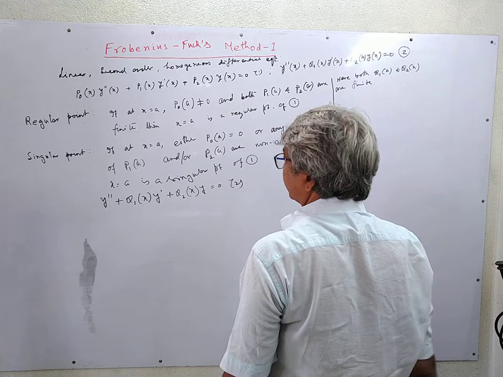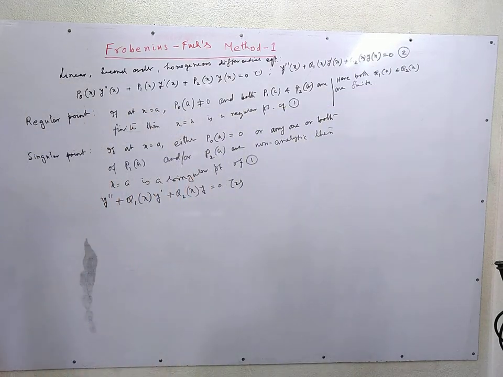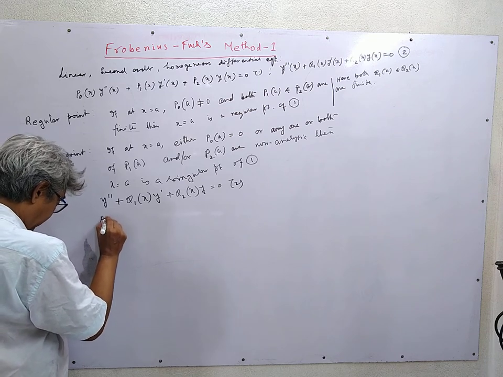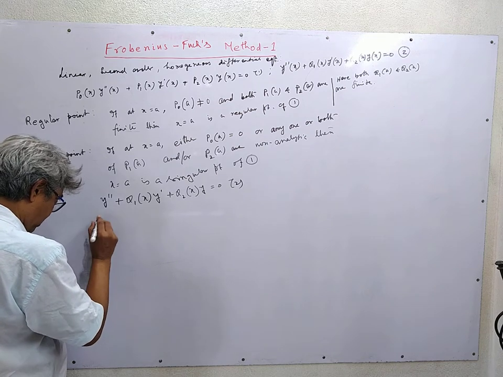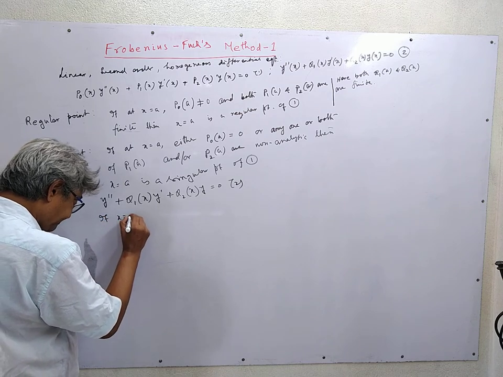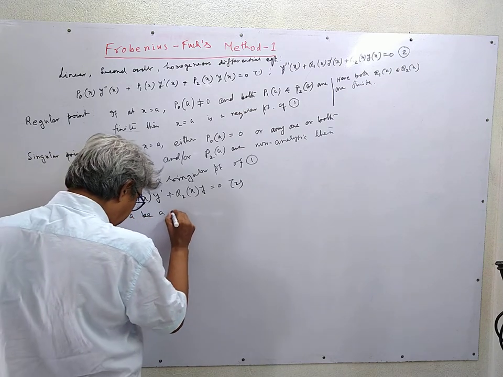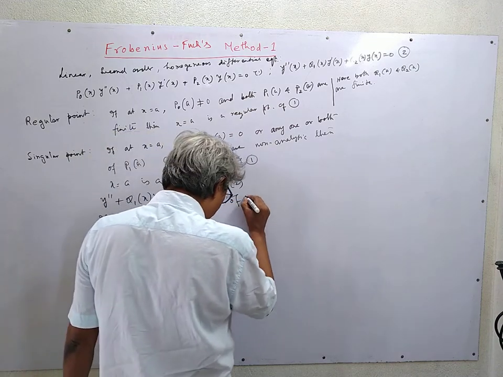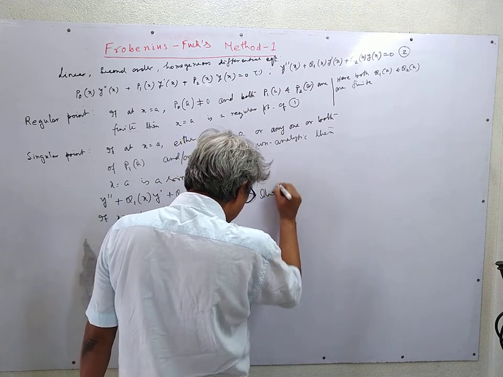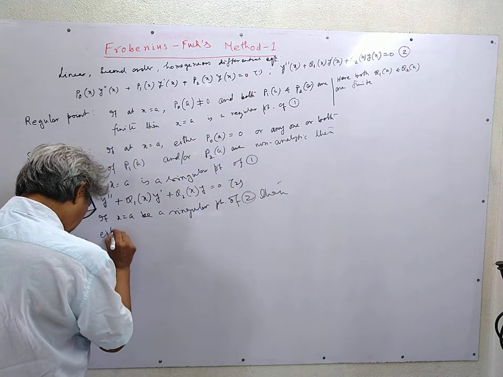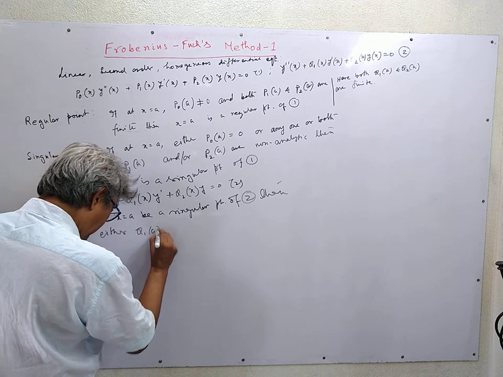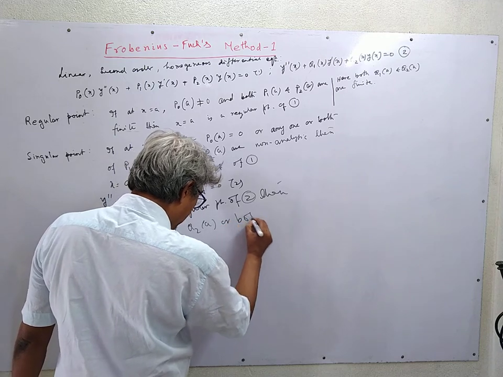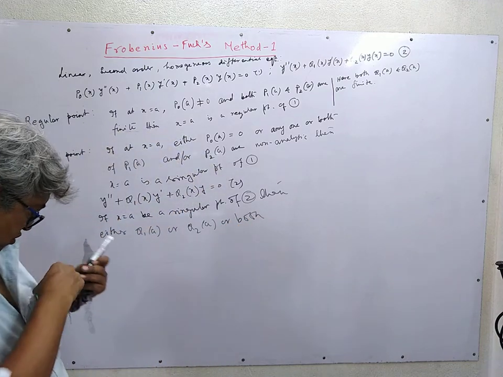So what is the definition of singular point in terms of this? If x is equal to A be a singular point of 2, then either Q1 at A or Q2 at A or both are non-analytic.